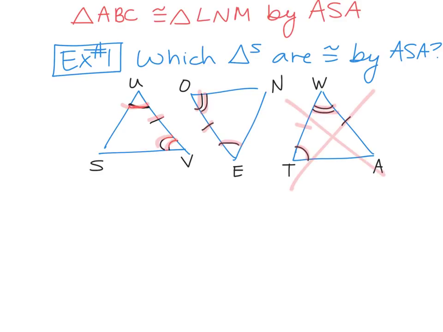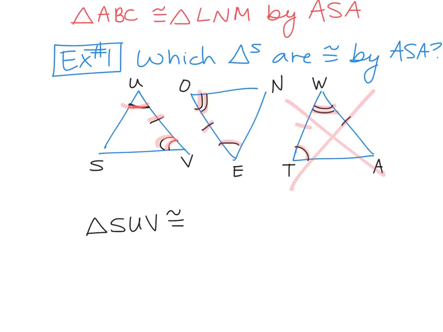So we know it's the first two, but now you're not really done with the problem yet because you have to name the triangles that are congruent and you have to name them in the right order, right? So triangle what? If we're dealing with SUV, how about? Okay, triangle SUV. And the way I always say it is look at your angles. So angle S has nothing there, so you want to match it up with nothing there on the other one.